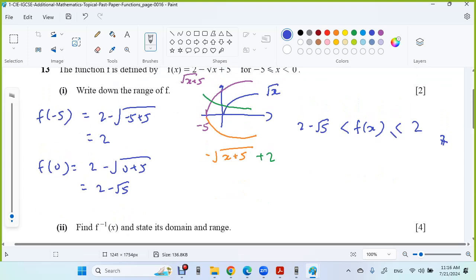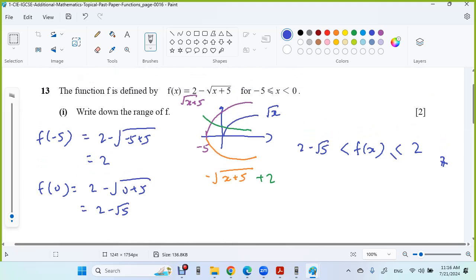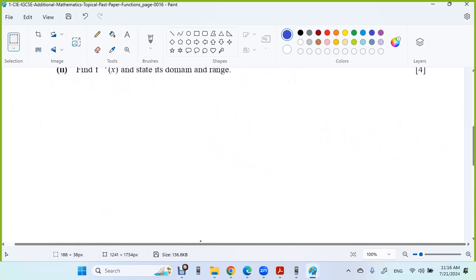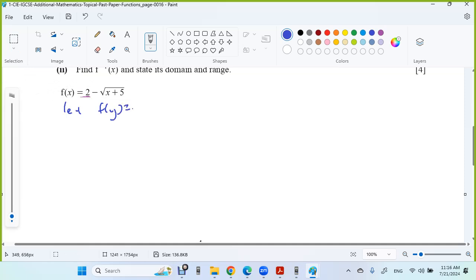So we want to find the f inverse and state the domain and the range. Okay, so let f(y) equal to x, then f inverse of x equal to y.